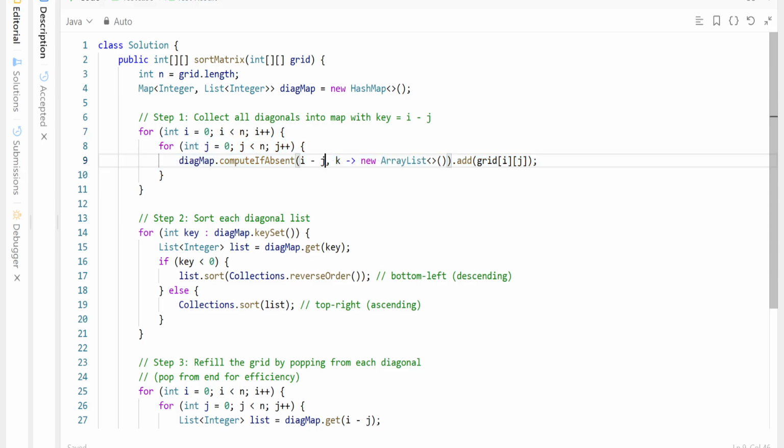The key will be i minus j. It will give you 0, 1, 2, and like that we have found 0, -1, -2, 1, 2. Those keys we will find here. Understand? And then we keep adding all those values on the respective keys.